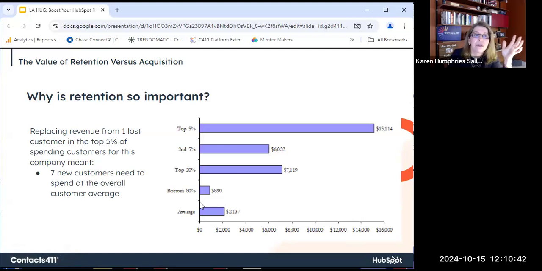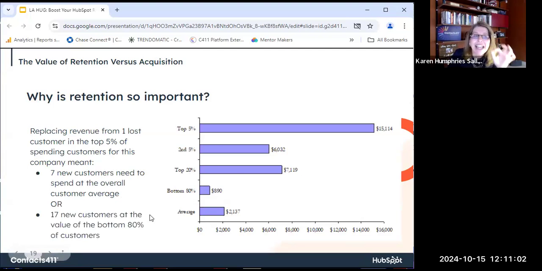Most of you know that a new customer doesn't spend at an average customer value. That's a really, really hard get. And it's actually the number 7.5. It's much more likely that they're going to spend in this bottom sort of 80% range where most new customers come in, which is around $900. That means 17 new customers they need to replace one customer loss at the top. Just think about that for your own business.